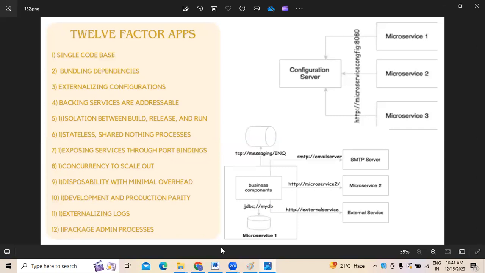But the major challenge with these 12-factor rules is when we are migrating from legacy applications to the cloud application; this is where we generally need to consider these rules. Understood, Aishwarya, right? Yes.